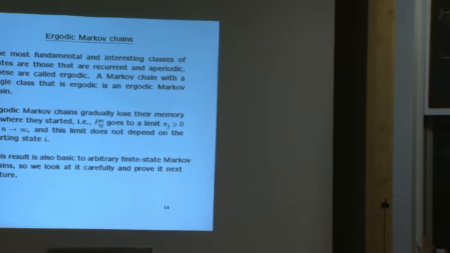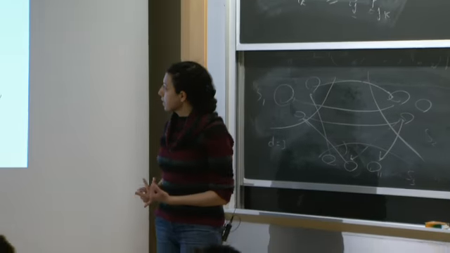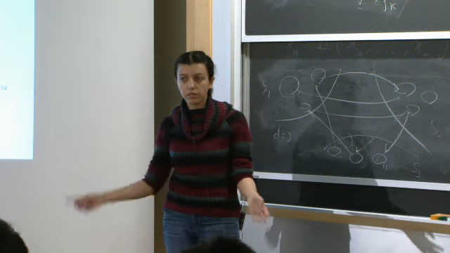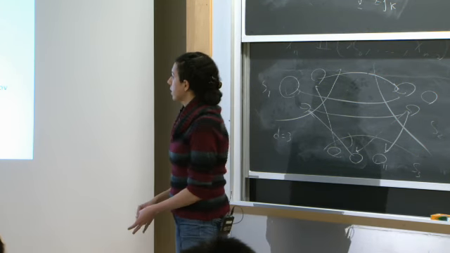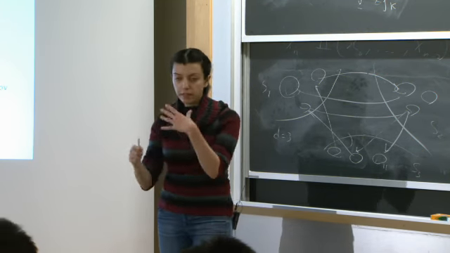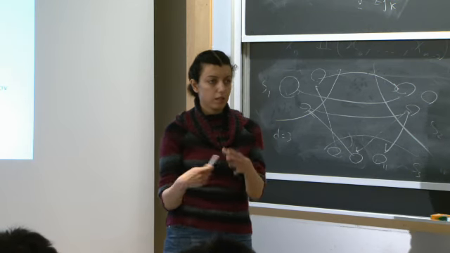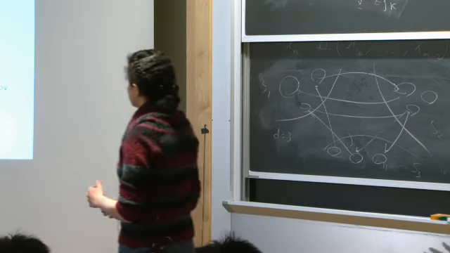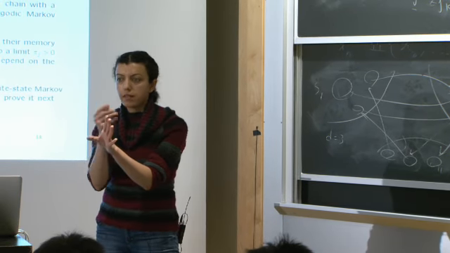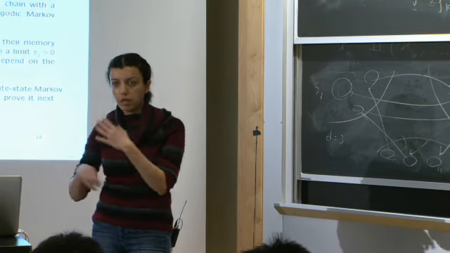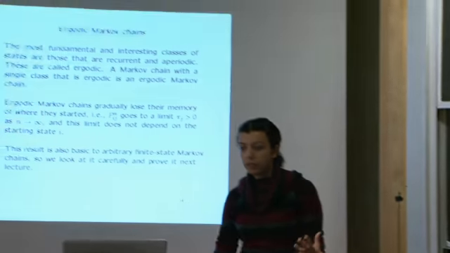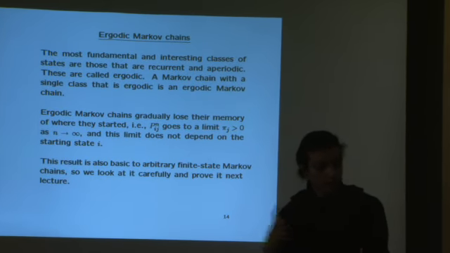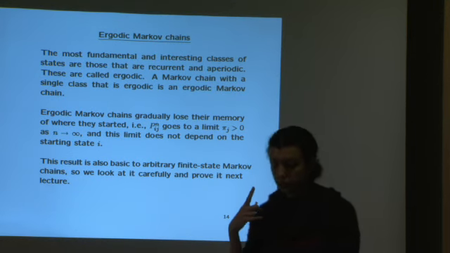We had 2 theorems saying that if a state in a class is recurrent, then all the states are recurrent. And if a state in a class is aperiodic, then all the states are aperiodic. So we can say that some classes are ergodic and some are not ergodic. So if the Markov chain has only one class and this class is aperiodic and recurrent, then we call it an ergodic Markov chain.